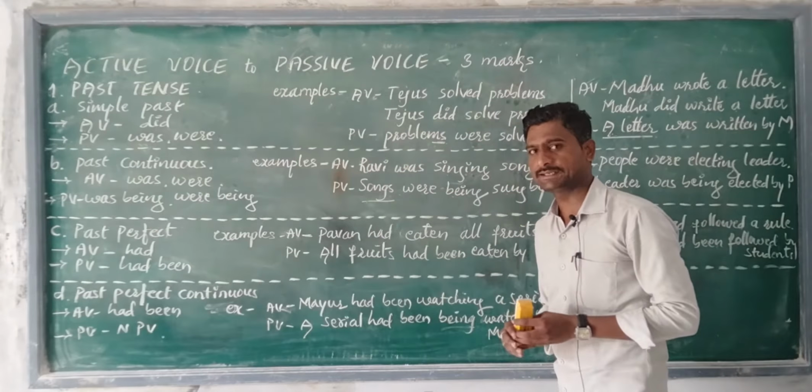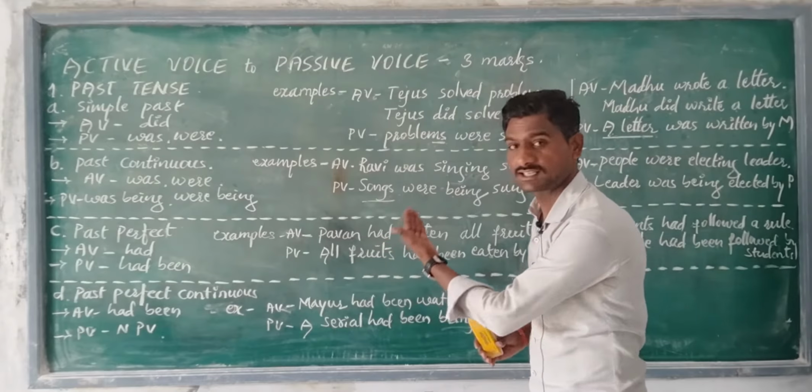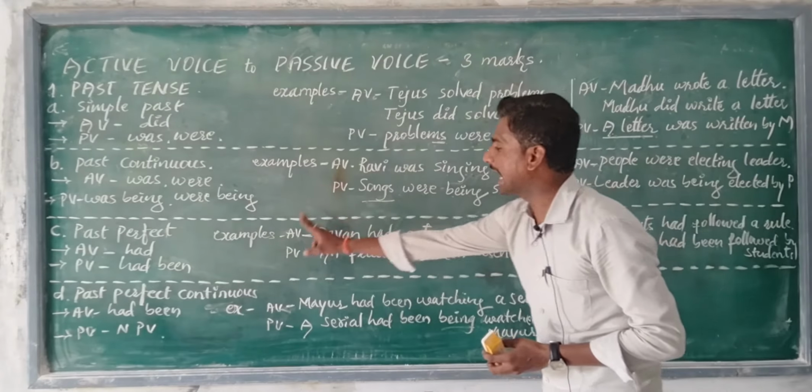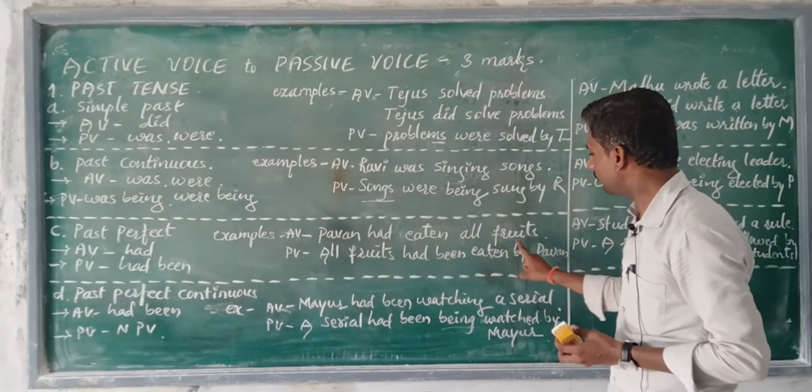Let me explain. Let me introduce the examples of active voices and the passive voices. See, my dear students, the examples. Active voice: Pavan had eaten all fruits.